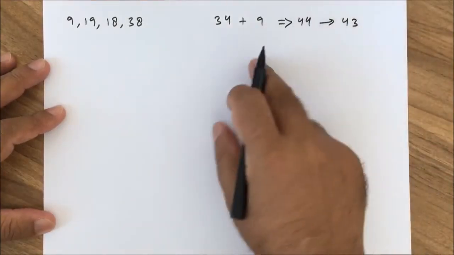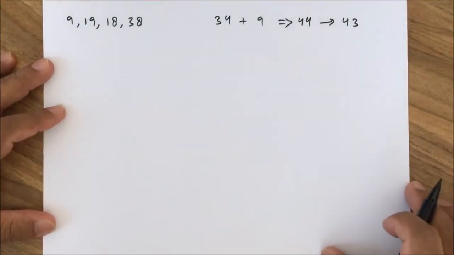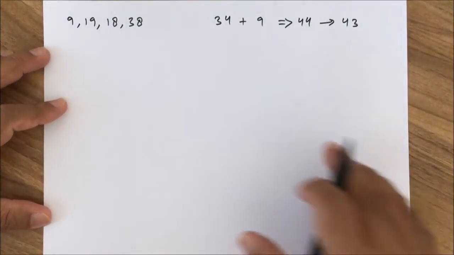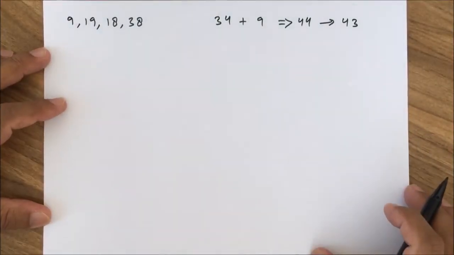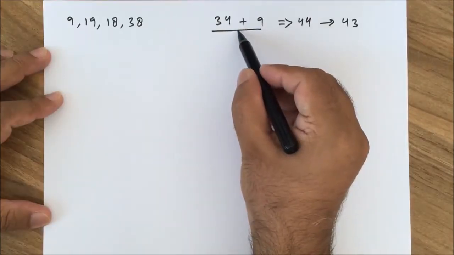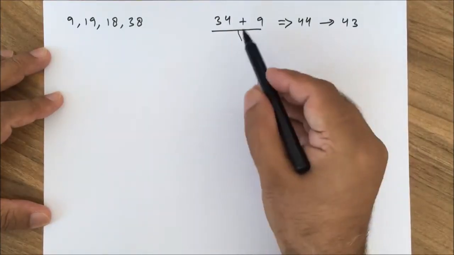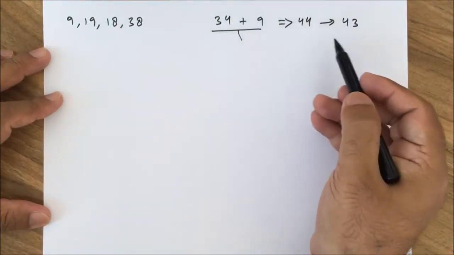So instead of adding 9, we should add 10 and take away 1. Why? Because 9 is near 10, that fact we can use to our advantage. Adding 10 is easy, just jump 1. 34 will become 44 and then 43.